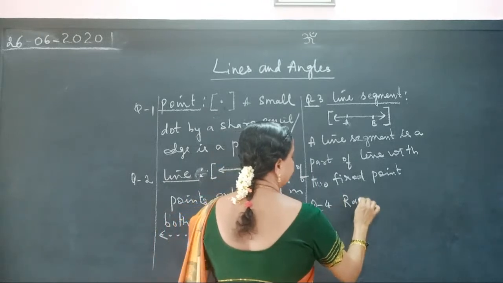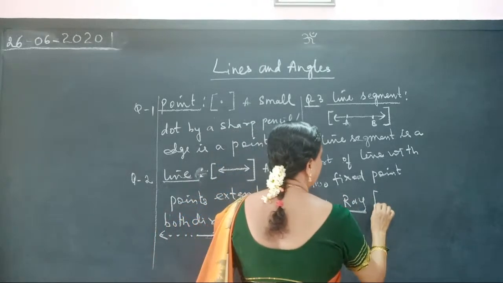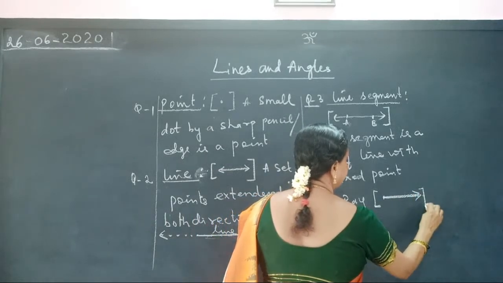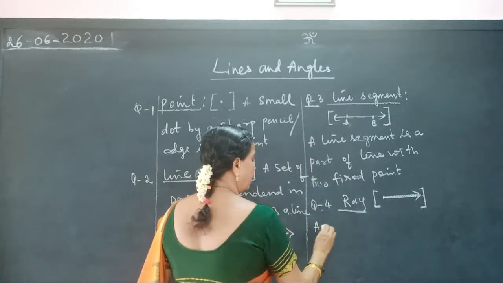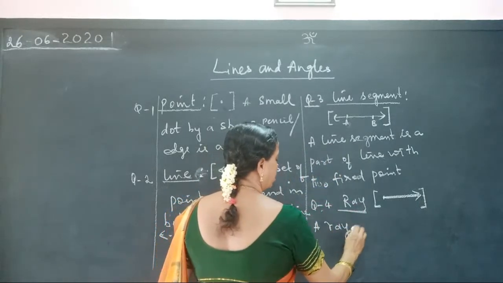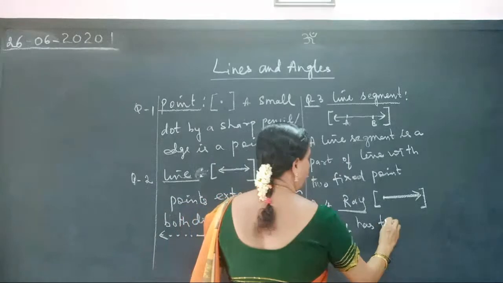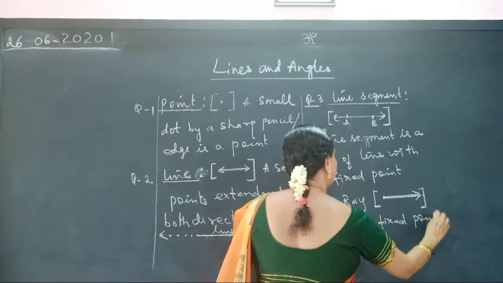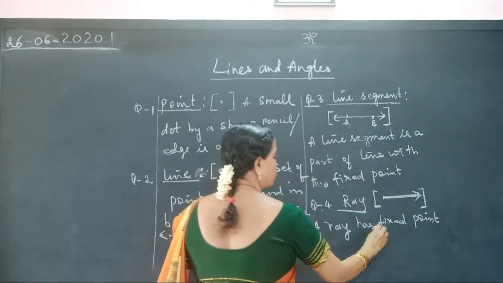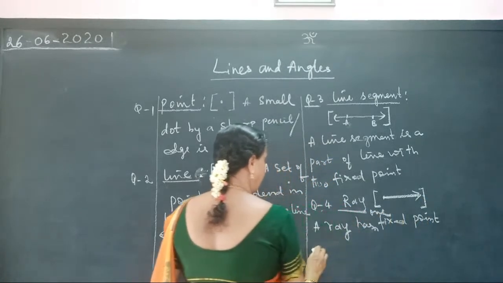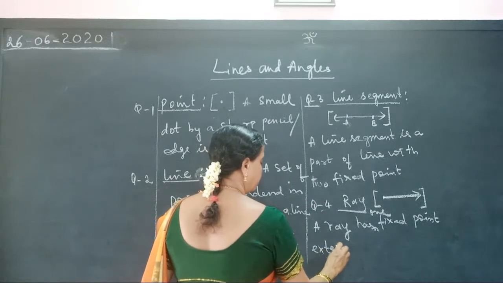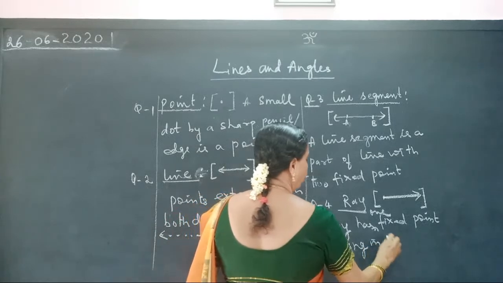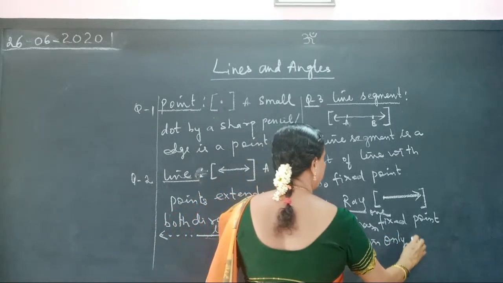Ray. So we symbolically represent a ray like this. A ray has one fixed point extending in only one direction.